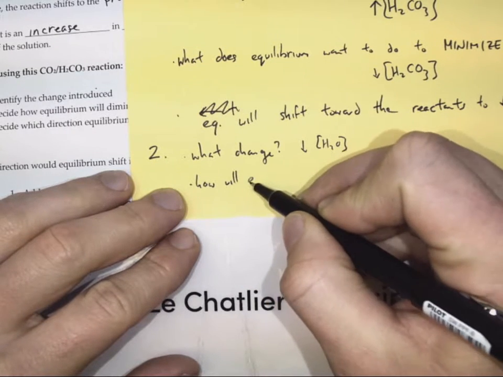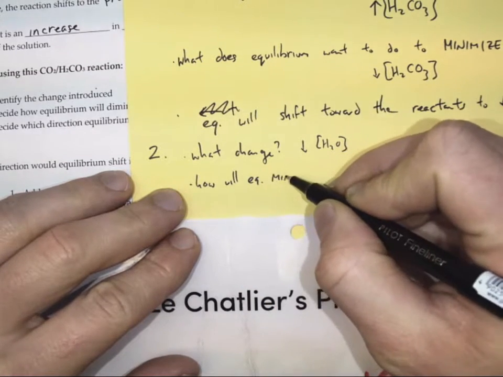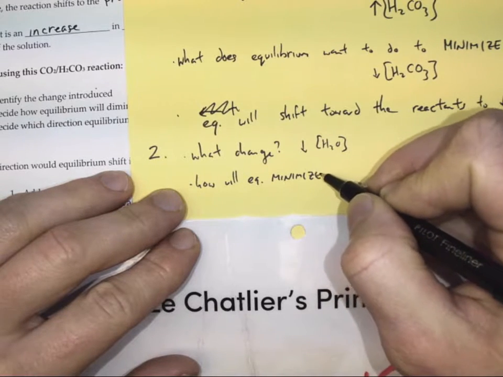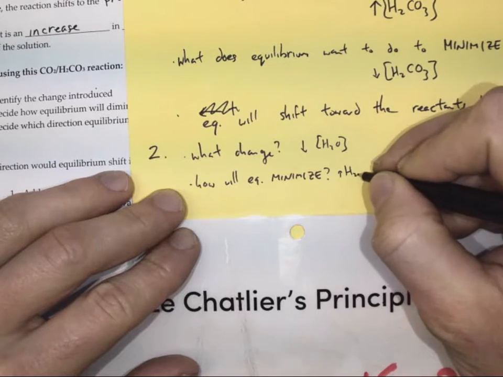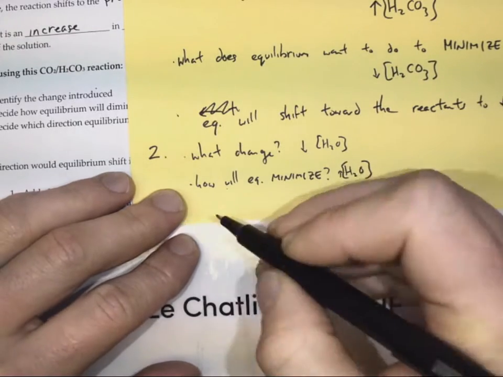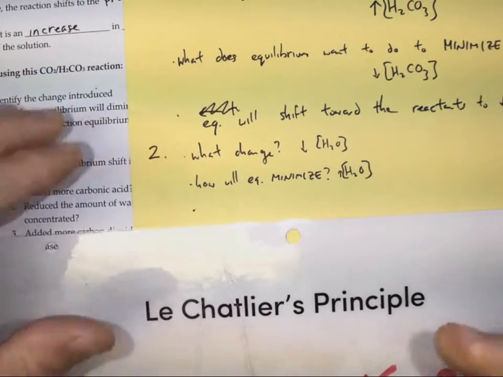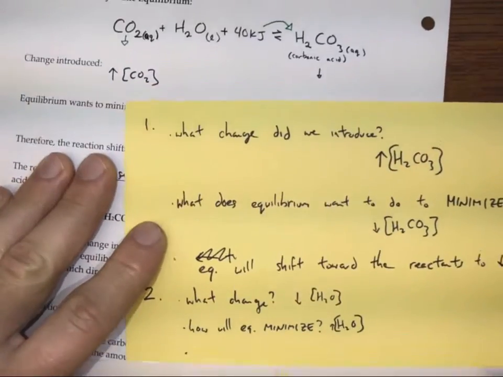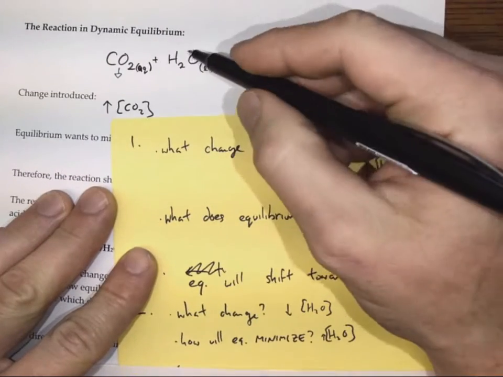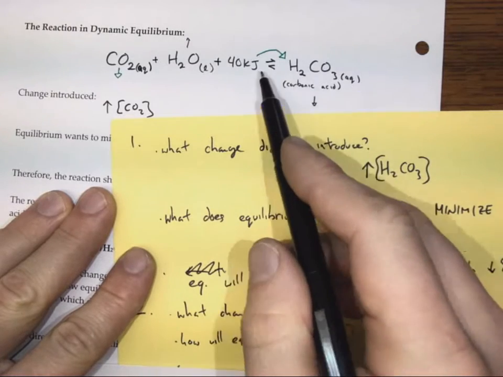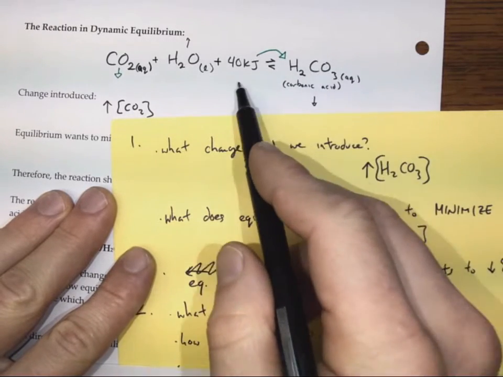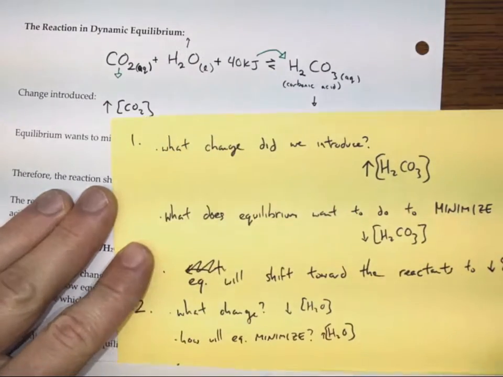How will equilibrium minimize this? Well, it wants to increase the H2O concentration as a result. And which direction will it shift to increase the water concentration? Well, if we look at the reaction, we're going to do that by shifting products, decomposing them to make more reactants to increase that water.